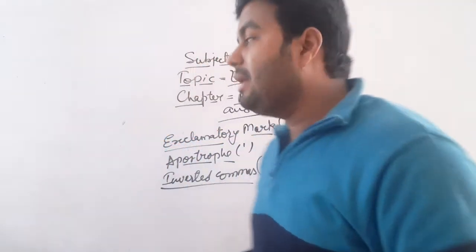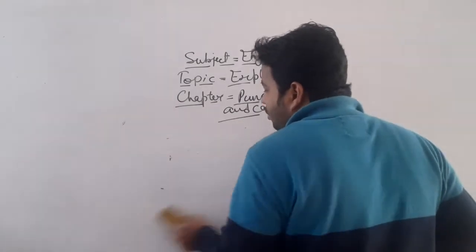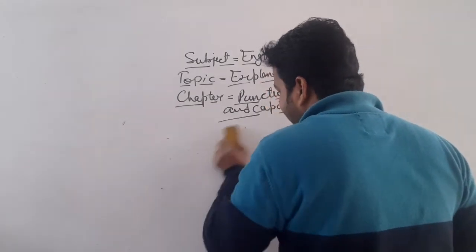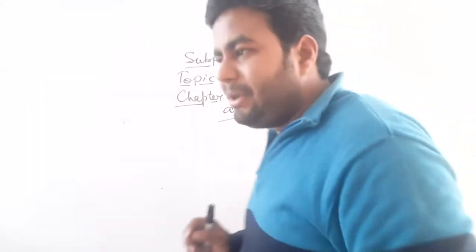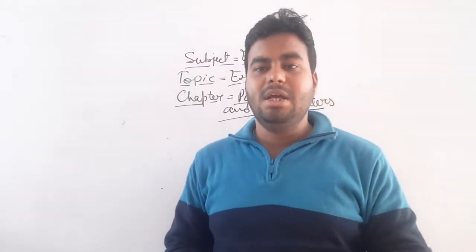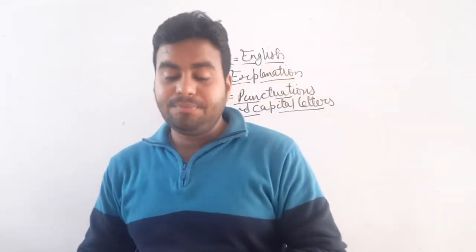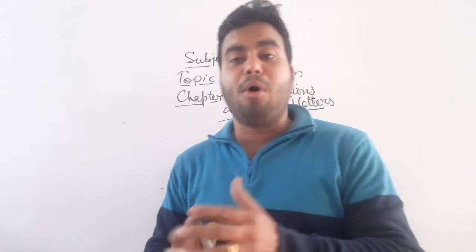Now the use of capital letters. So where do we use capital letters? One of the uses is that we use a capital letter at the starting of a sentence. Whenever we are starting a sentence, we use a capital letter. After that we use a capital letter for proper nouns.